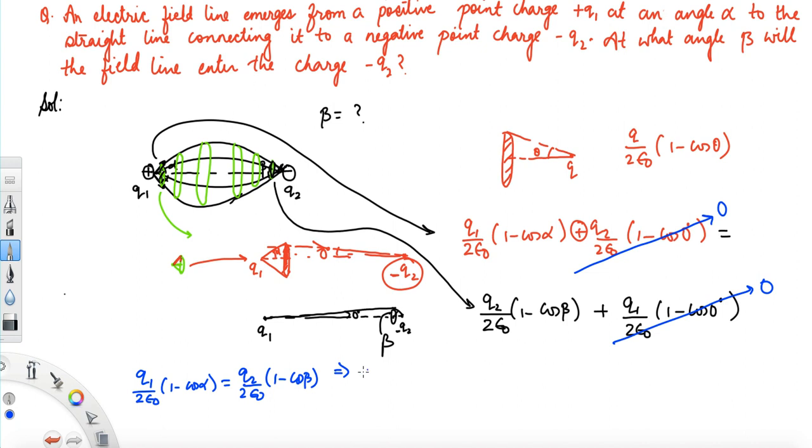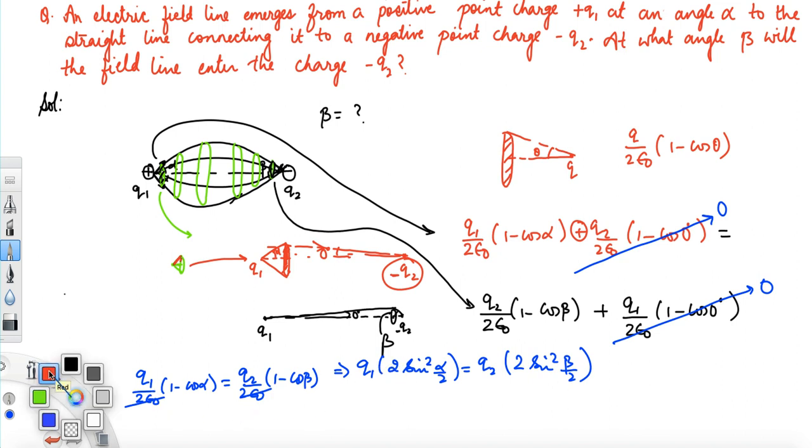The 2 epsilon naught gets cancelled, and q1 times 1 minus cos alpha, according to trigonometry, is 2 sine square alpha over 2, equal to q2 times 2 sine square beta over 2, and once again this 2 gets cancelled.